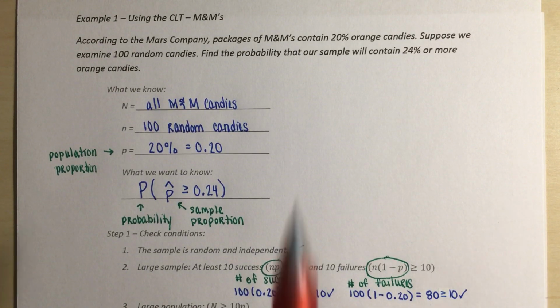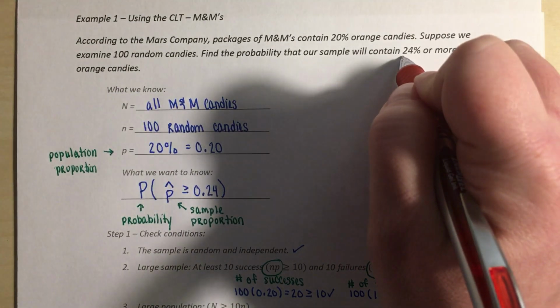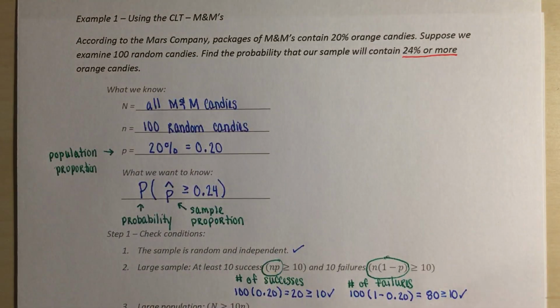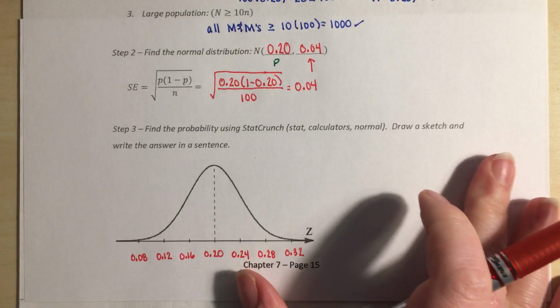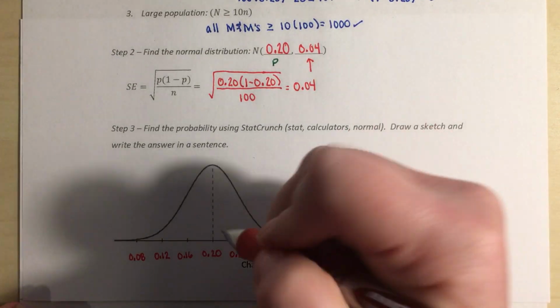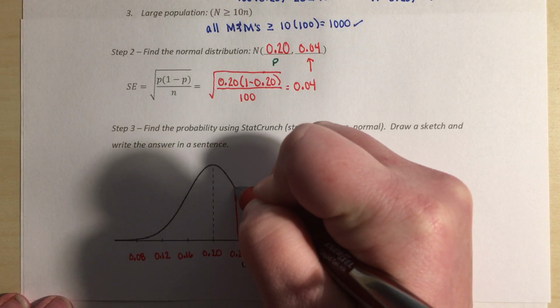All right. Now I'm going to go all the way back to my original problem. My original problem says find the probability that our sample will contain 24% or more. Right? So that's our probability that we're looking for. So on my curve, I am going to draw myself a vertical line at 24%, so that's 0.24.